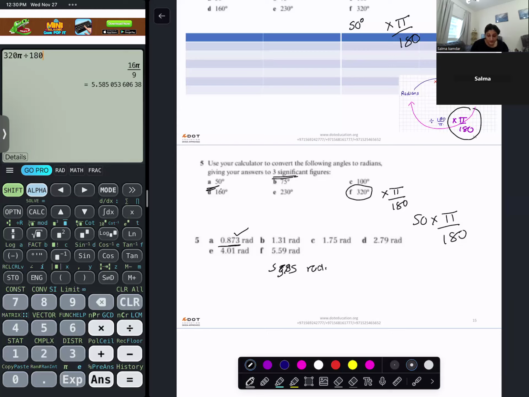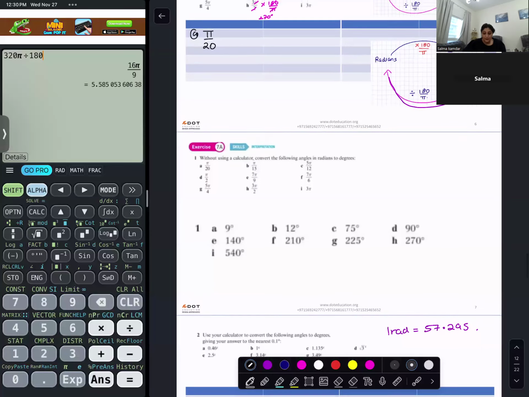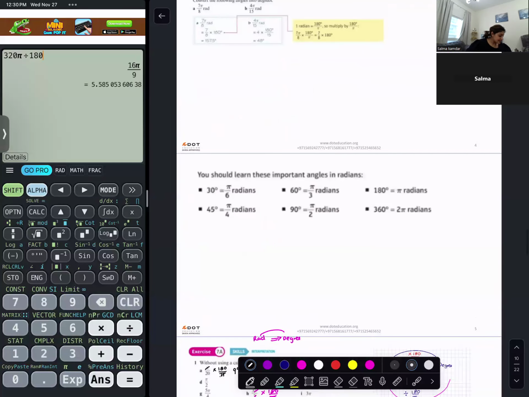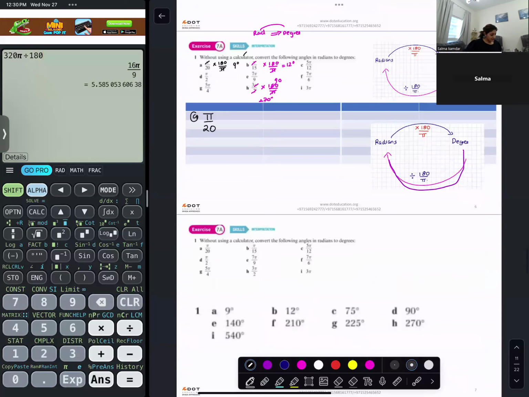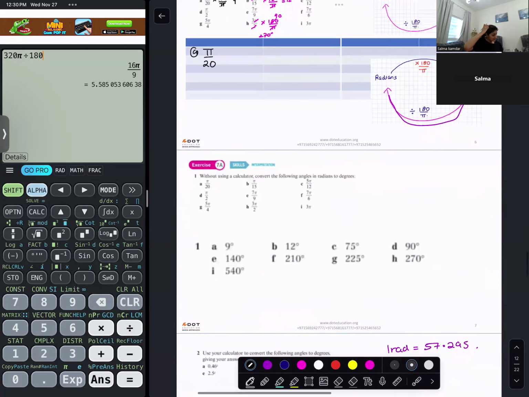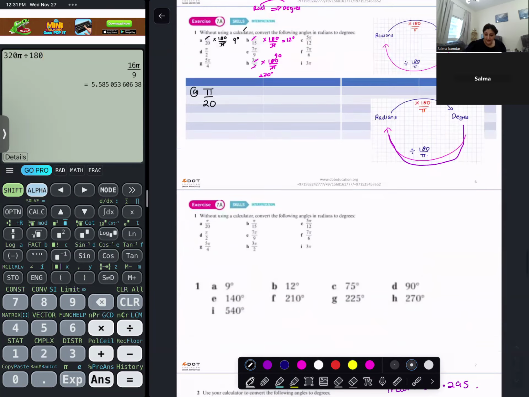Okay, they wanted three significant figures, so you can also write 5.59 rad because after the 5 there is a 0. So with this we complete exercise number 7a, which tells us about the measure of the rad.